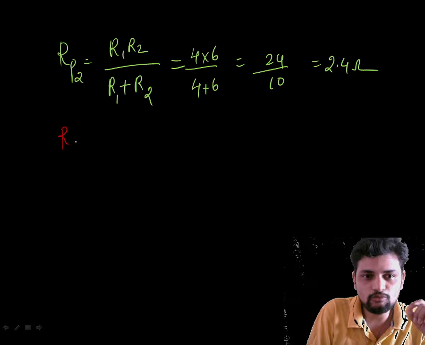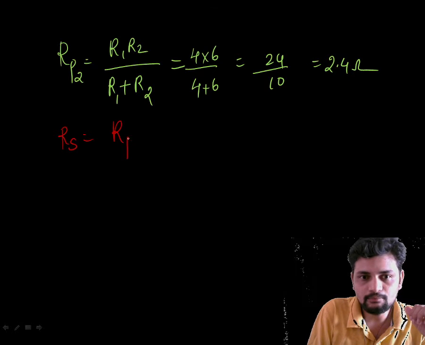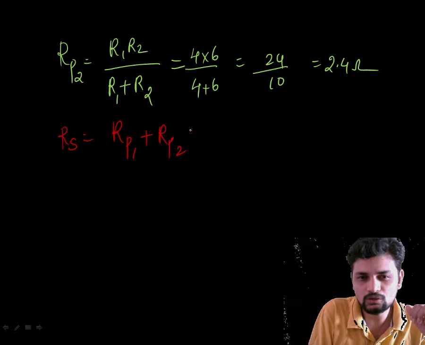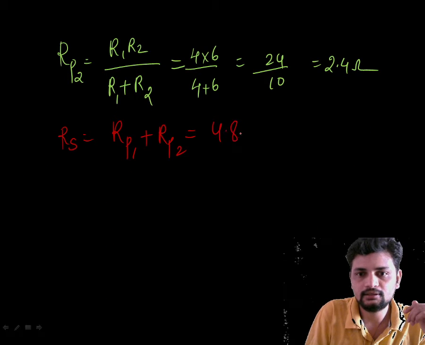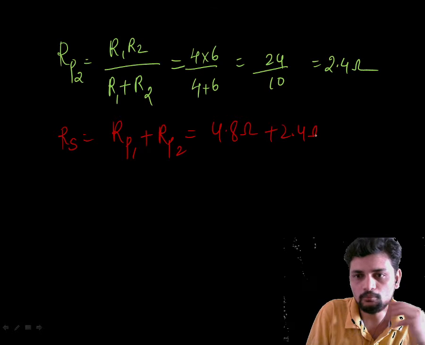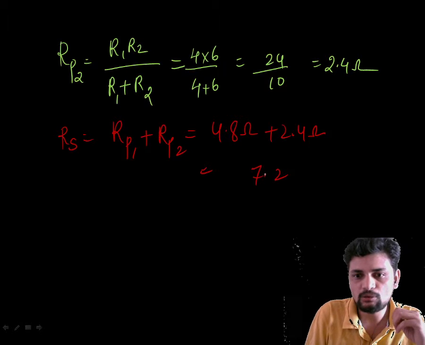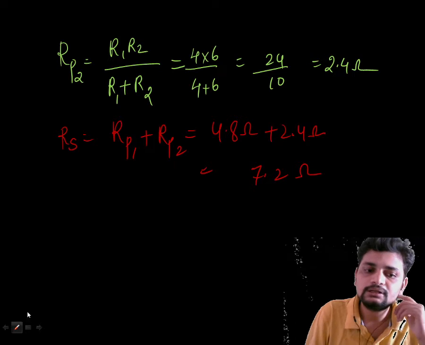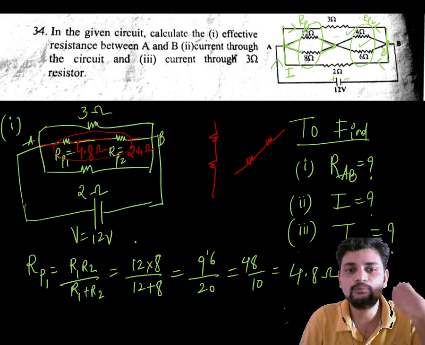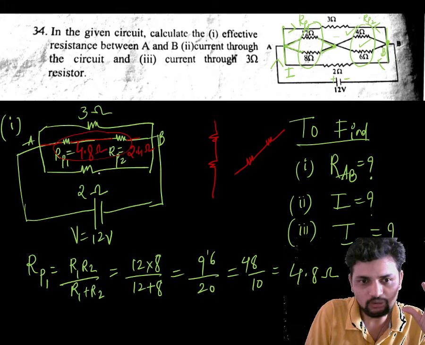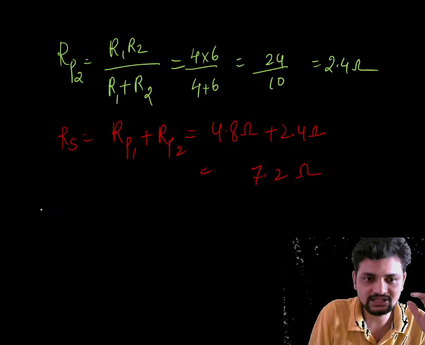So to get the effective resistance between them, I need to add them, RP1 plus RP2. The value of RP1 is 4.8 and RP2 is 2.4 ohm. So 7.2 ohm I will write. So again, whatever answer I got, let me reduce the circuit diagram further. So 3 ohm and 2 ohm upper and lower branches as it is.